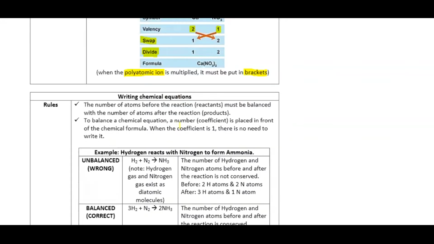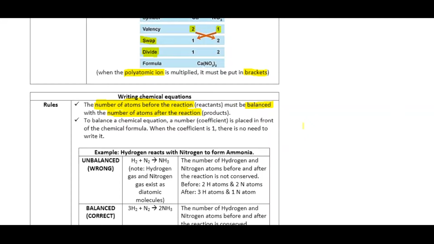So how do you write a chemical equation? The reactants, which are the atoms before the reaction, must be balanced with the number of atoms after the reaction. The number of atoms before must be equal to the number of atoms after. It must be balanced; the atoms cannot disappear from the reaction.